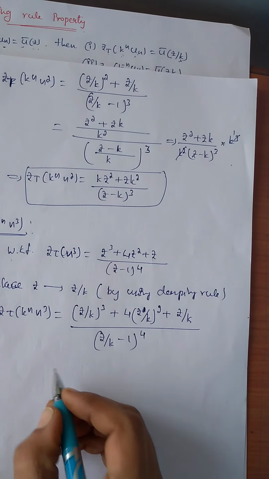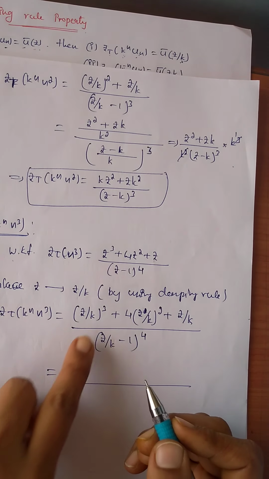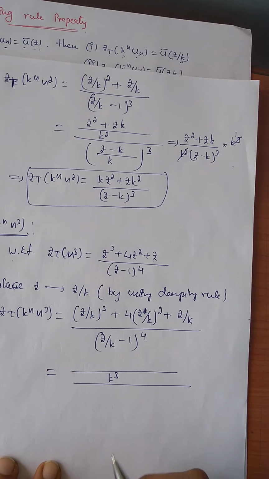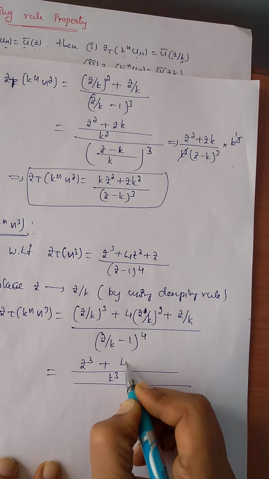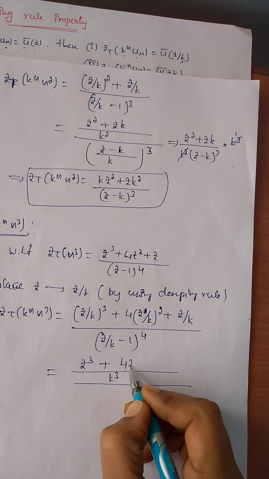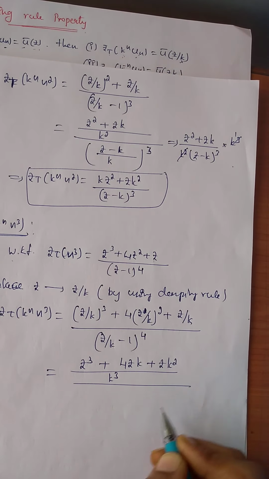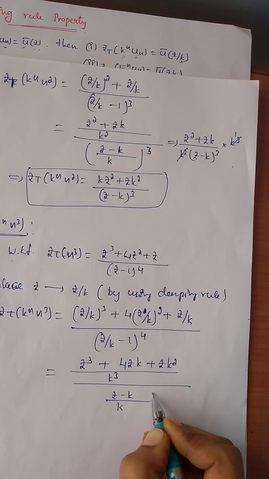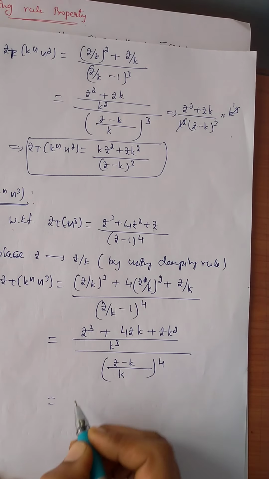So here also we should take LCM and simplify. In the numerator, the first term has k cube, so I consider k cube as LCM, the remaining is z cube. The second term is 4, here k square but I took k cube as LCM, remaining is k, z into k. The last term is z into k square. In the denominator we can take k as LCM, remaining is z minus k to the power of 4. Simplify this.